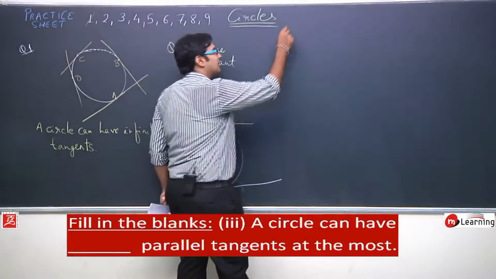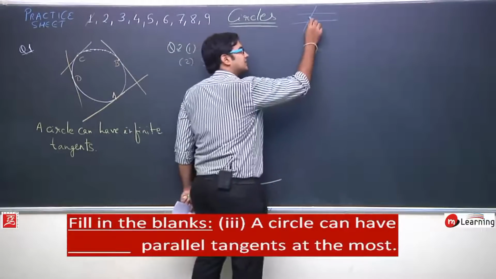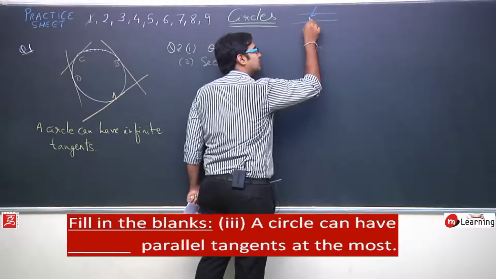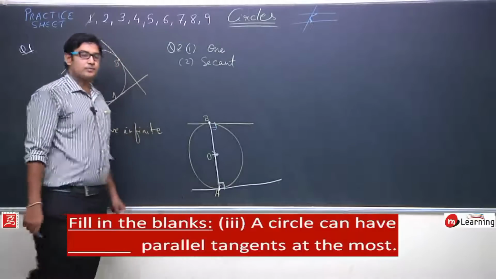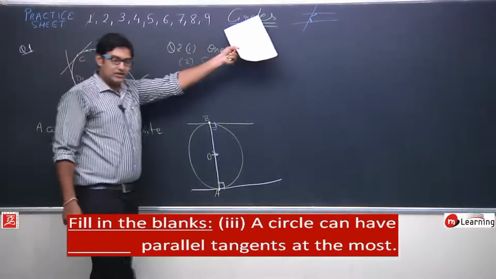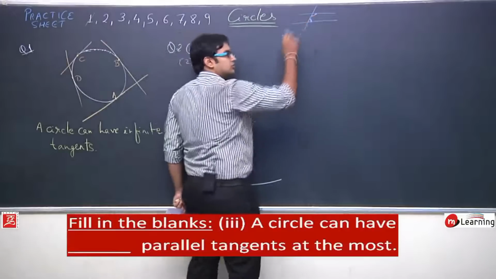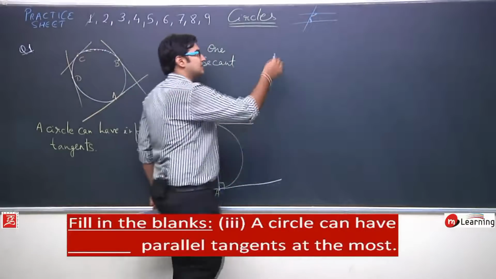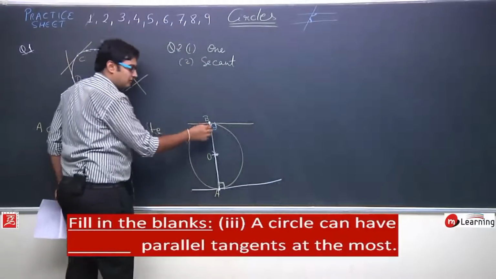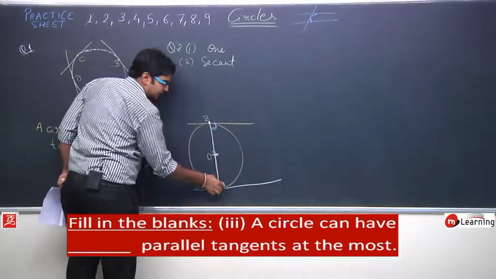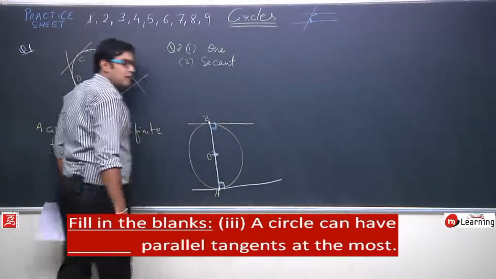If I have two parallel lines like this, and this is a transversal, then the sum of the interior angles, these two angles, is equal to 180 degrees. That means these two lines are parallel. Here also the sum of these two angles is 180 degrees. That's why I can say this tangent and this tangent are parallel.